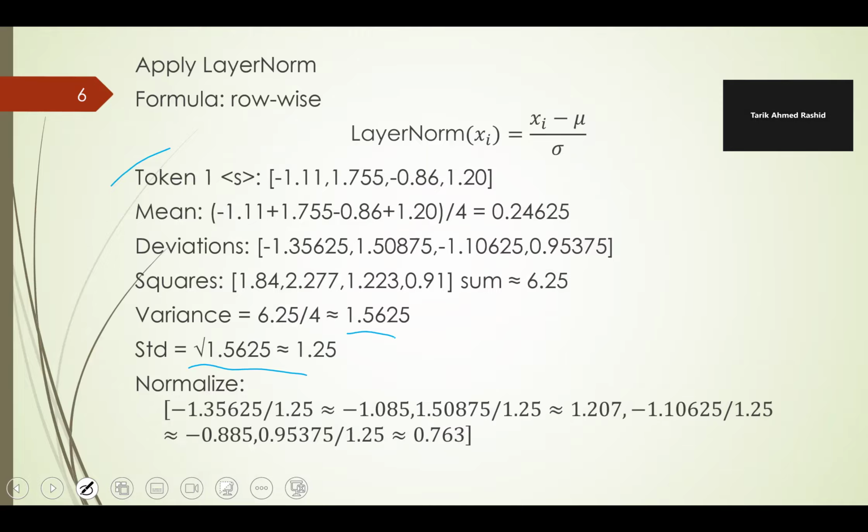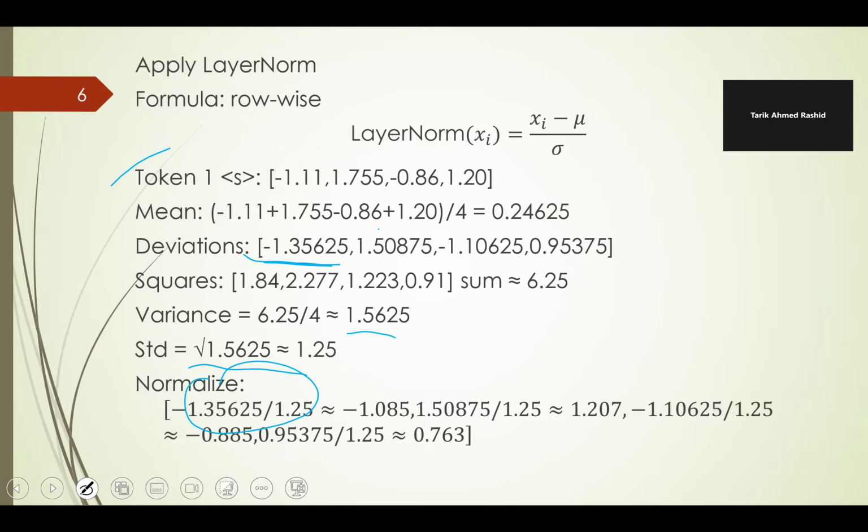So from the variance, we take the square root of that one. It goes to 1.25. So then we have the result. Now this deviation divided by 1.25, you will have the first cell for the first row.